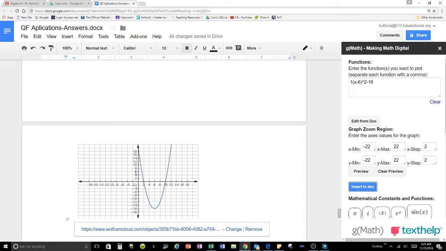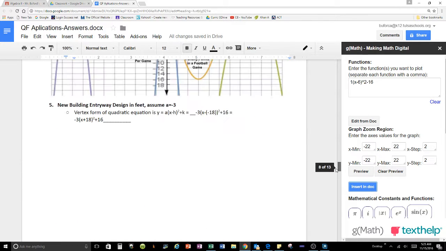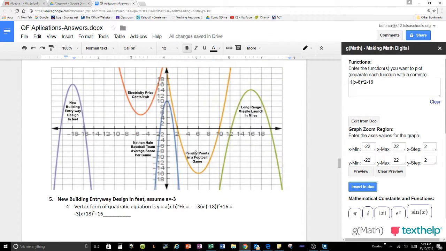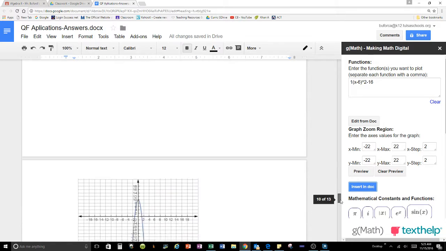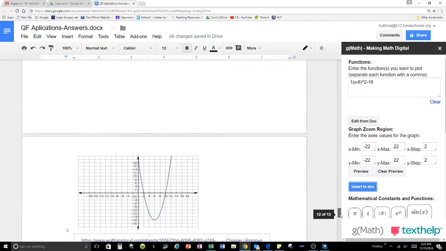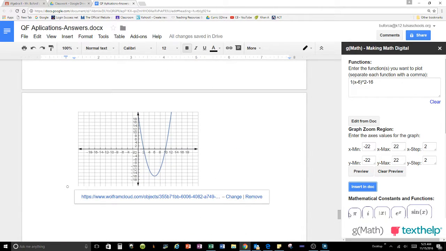Voila. There we have our parabola, which is a perfect example. The very same parabola as the one that we were attempting to model here of the penalty points in a football game. So it shows that we were modeling that correctly here.